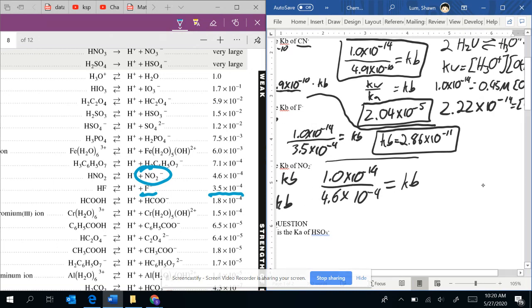And therefore, Kb equals, type into my calculator, 1 times 10 to the negative 14 divided by 4.6 times 10 to the negative fourth equals 2.17.